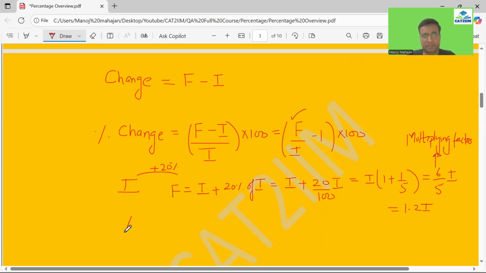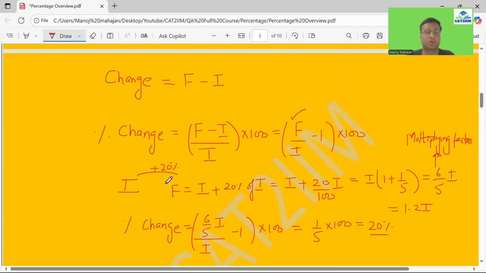So what is my final value? That is 6 upon 5 I upon I. I would cancel out, so I just need the multiplying factor. 6 upon 5 minus 1 would give me 1 upon 5 into 100, and I get 20%.